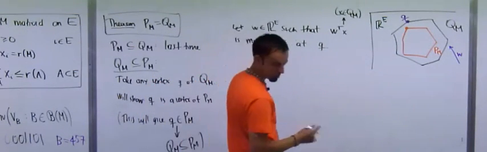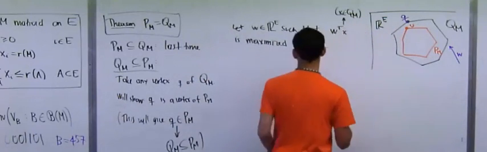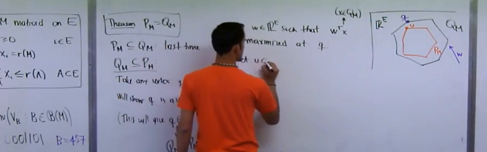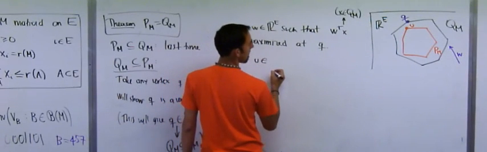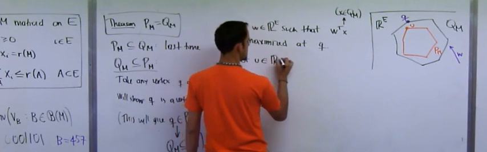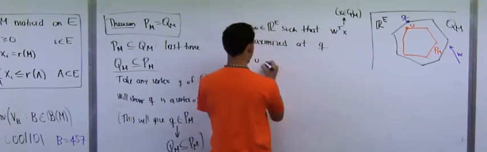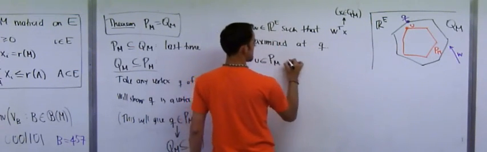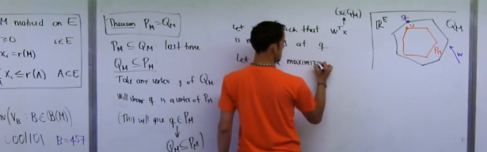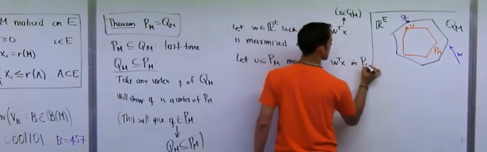So let me call this guy U. Let U be the vertex maximizing W transpose X in P sub m.